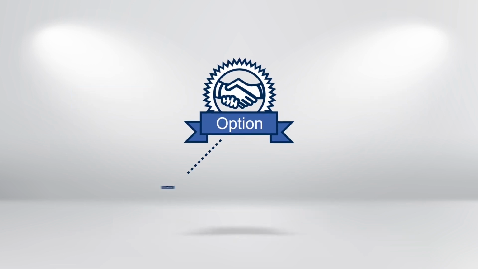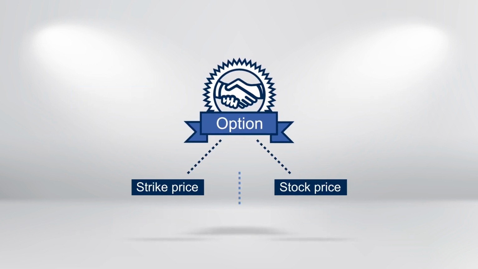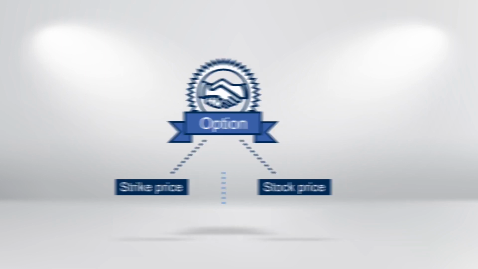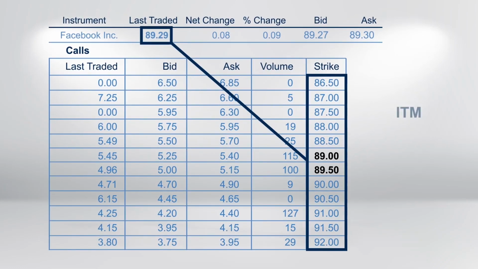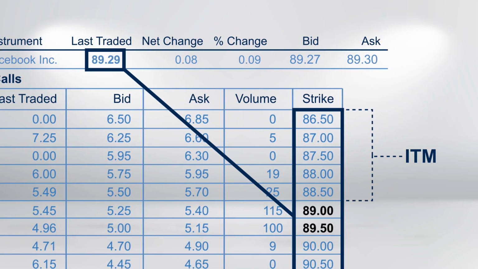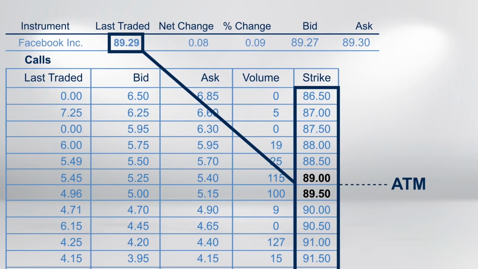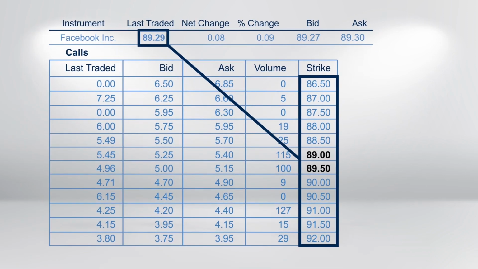The term describes the option strike price in relationship to the stock price. A call is considered in the money, or ITM, when its strike price is less than the stock price. At the money, or ATM, when the strike price is the same as the stock price. Out of the money, or OTM, when the strike price is above the stock price.